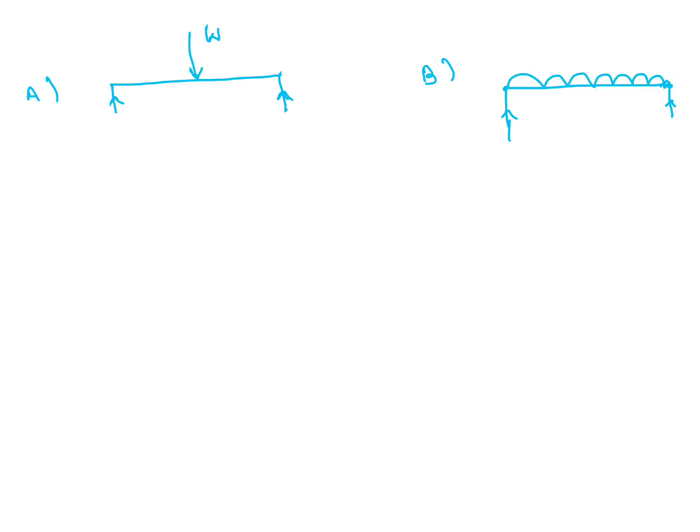Here delta maximum, deflection maximum, is WL cube by 48 EI. These things I already discussed in my separate video for slope and deflection. Here delta max is 5 by 384, W is the total load, WL cube by EI.